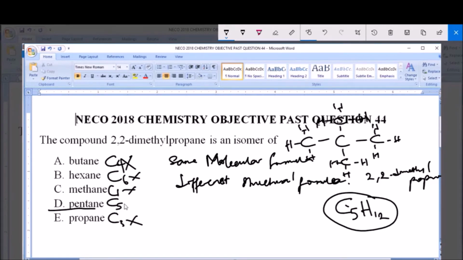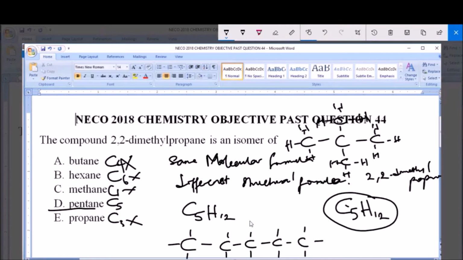Since this is pentane, its molecular formula will be C5H12. Now let's briefly describe the structural formula. The structural formula of pentane, since it is a straight chain hydrocarbon, we have C, 1, 2, 3, 4, 5. Now attaching the hydrogen, we have 1, 2, 3, 4, 5, 6, 7, 8, 9, 10, 11, 12.